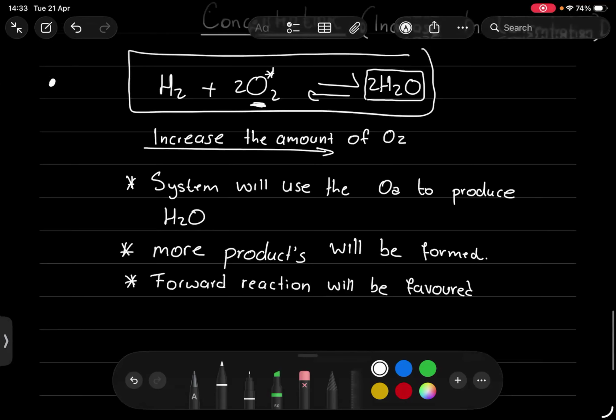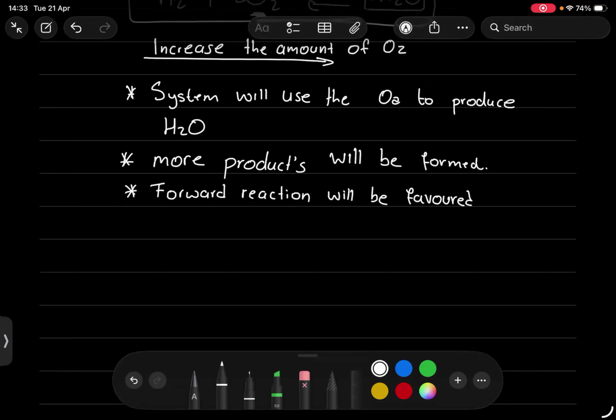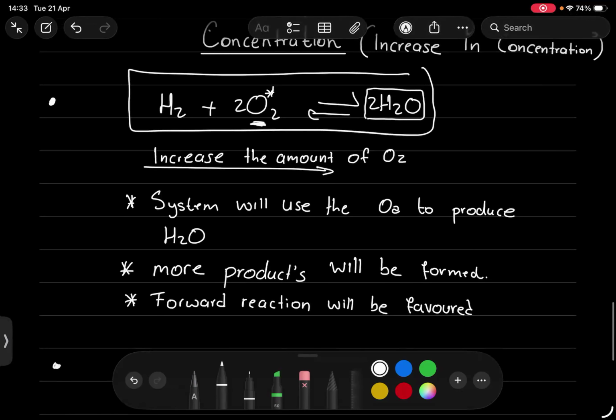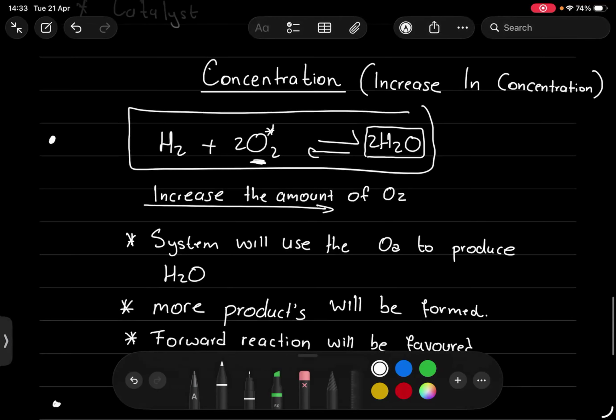So now, guys, please someone tell me, can you predict what's going to happen if, let's say, some of the H2O is removed? Or maybe O2 is added.